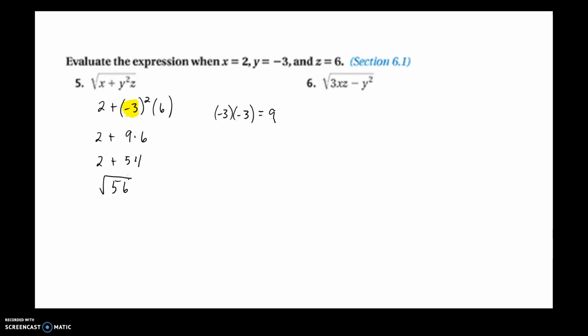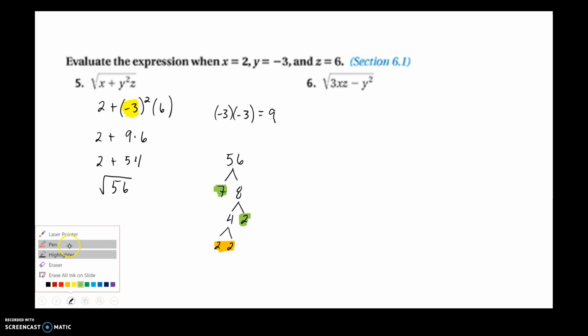And don't forget that you're taking the square root of it. So to simplify 56, I have 7 and 8. Factors of 8 are 4 and 2. Factors of 4 are 2 and 2. So now when I check this out, I have a pair of 2's, but I also have this 7 and 2, which don't have pairs.